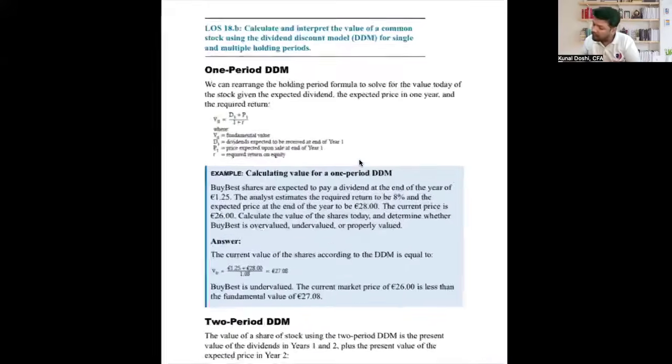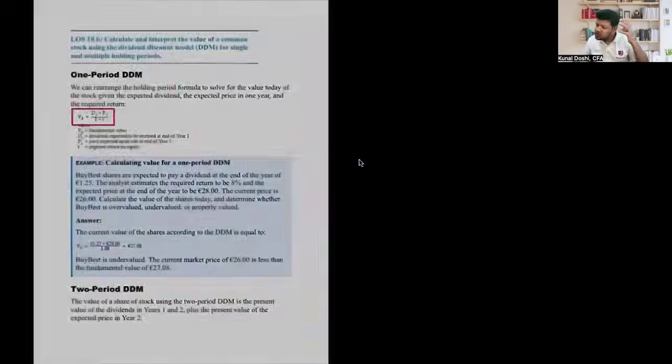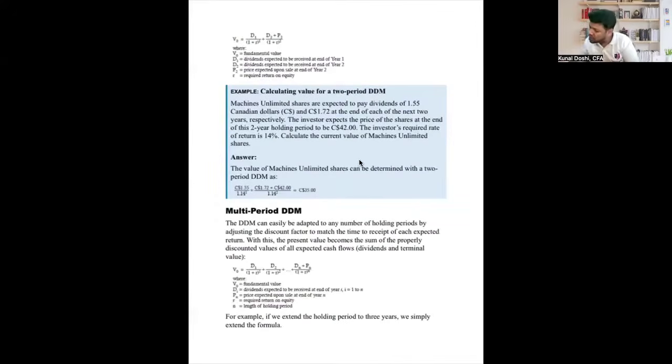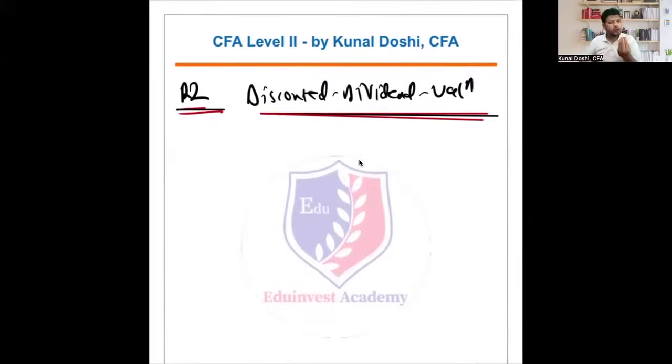I'll directly go to the part where we have the one period dividend discount model, and then the two period or multi-period dividend discount model. The important thing in all of this is that the price is generally available. So very basic, they call it V0 or you can use P0.